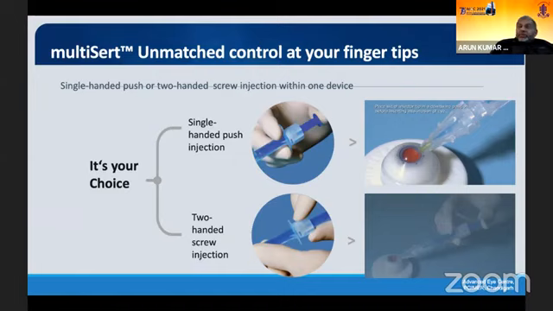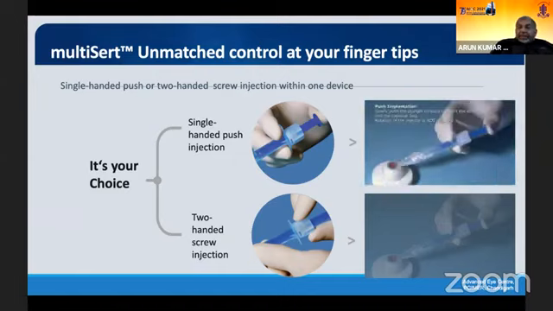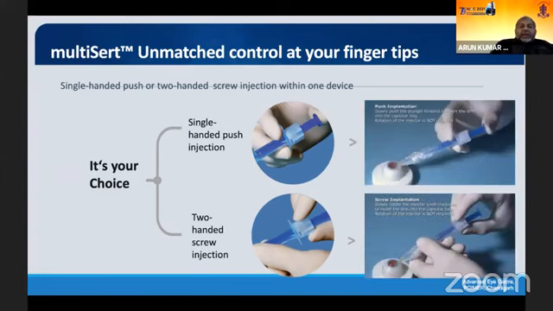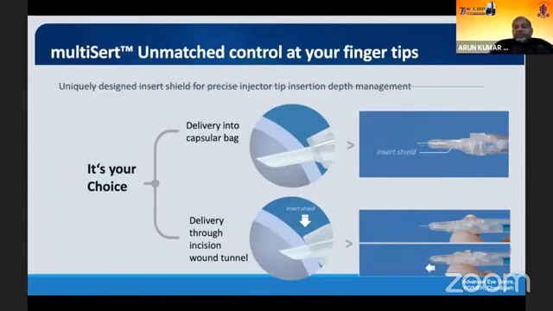This is going to be recently launched by the Hoya people. The advantage is you can adjust the length of the nozzle also. If you want to directly implant the lens within the bag, you can increase this length. If you want to deliver outside the bag, you can control the amount of nozzle projecting inside the anterior chamber.